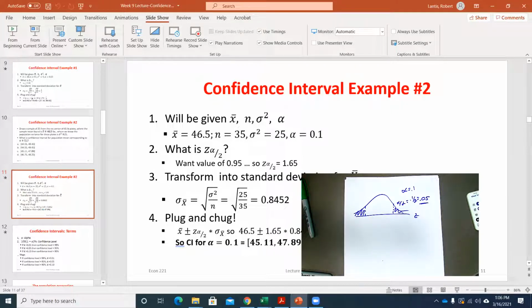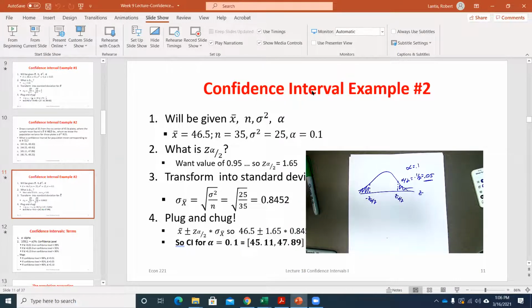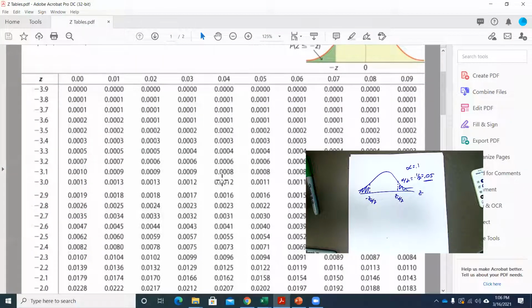Right? So really what I'm saying there is the z-score that would give me alpha over 2 in each of these tails. And alpha over 2 happens to be 0.05. Okay? And so I'm trying to find 0.05 here, okay?